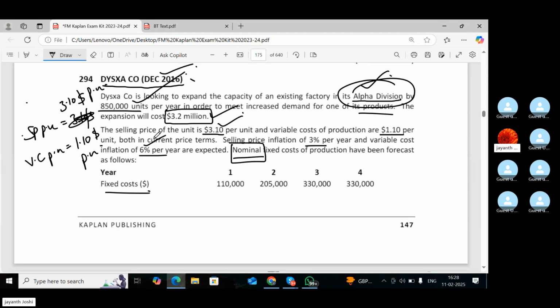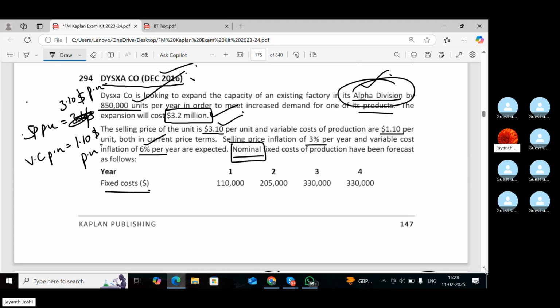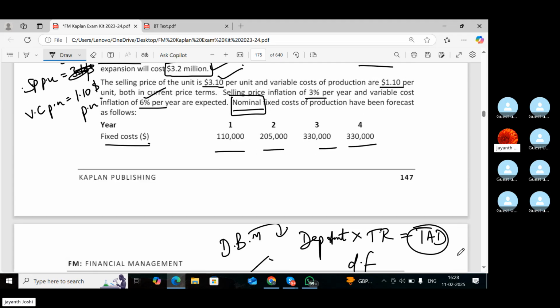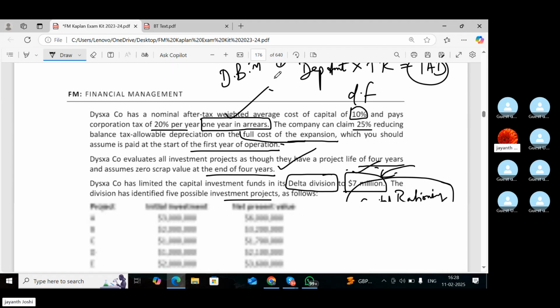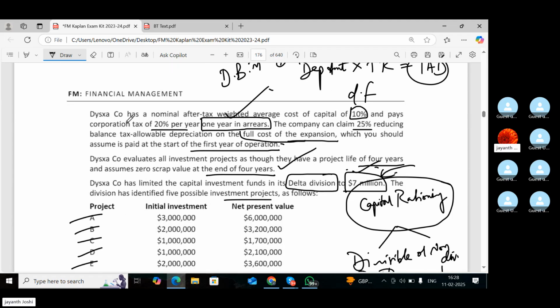The inflation adjustment is going to be 6%. Then they have given the fixed cost, which is already the nominal fixed cost, which already has the inflation adjustment done. It has incorporated inflation in it. And then they have given the discount factor. They have given the tax allowable depreciation detail. There's no scrap value. They have given the corporation tax rate percentage.